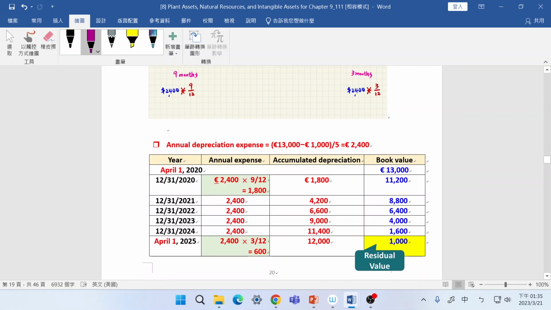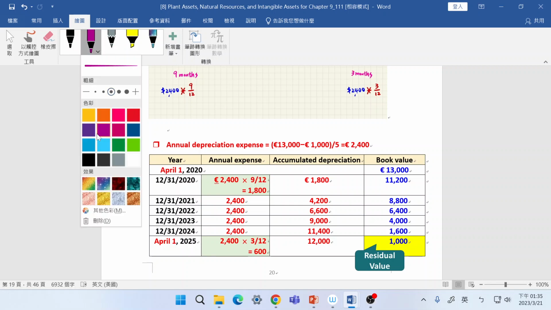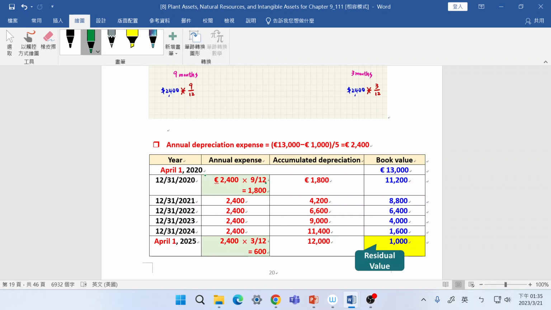If you're done, you can double check the answers right here. So what should we be careful about? The time. For 2020, you just use your PPE for how long? For 9 months. For the last year, you use your PPE for how long? For only 3 months.